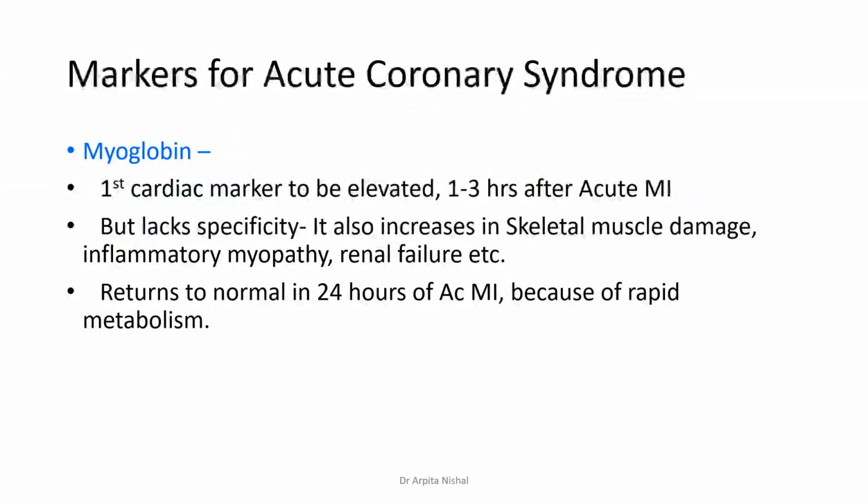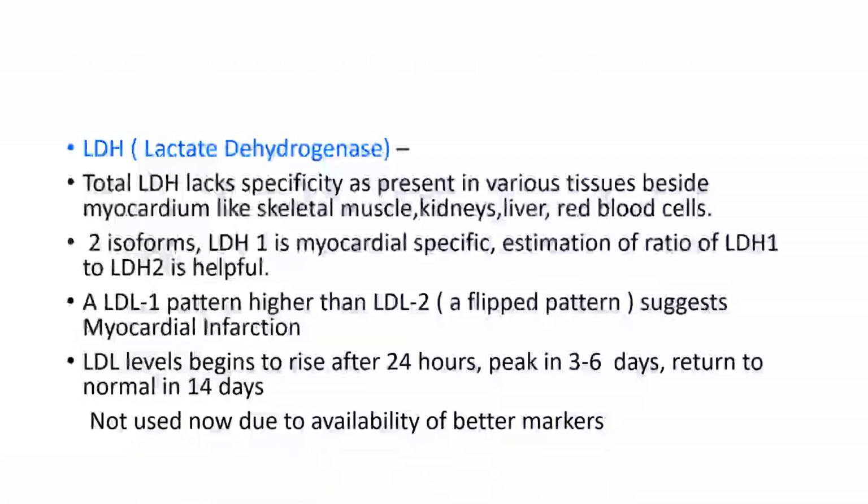So this is a good marker because it is elevated early and can help in early diagnosis. But myoglobin lacks specificity because it also increases in skeletal muscle damage, inflammatory myopathy, renal failure, shock, trauma, etc. That is why myoglobin is not used anymore as a marker for acute coronary syndrome.